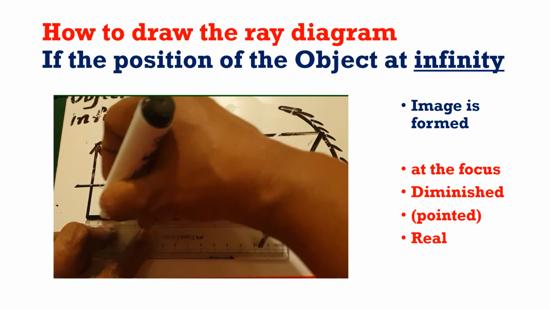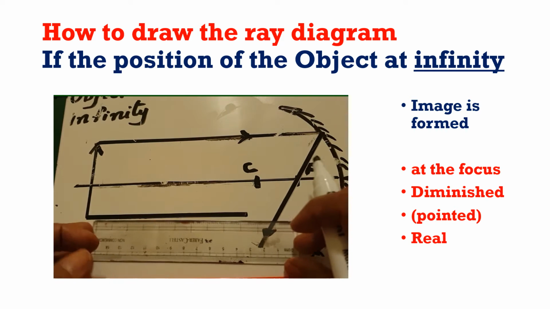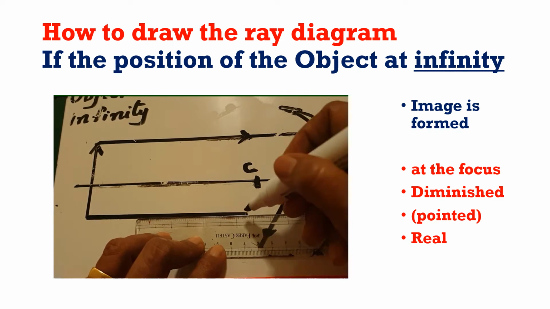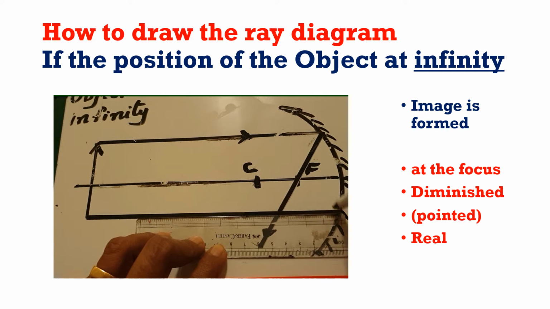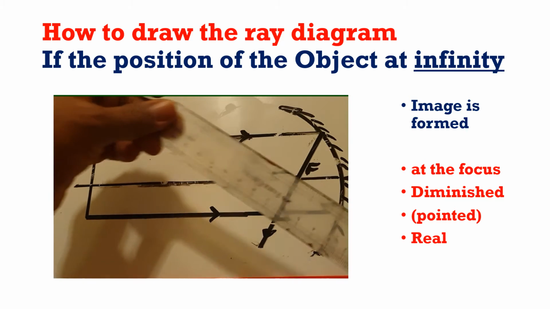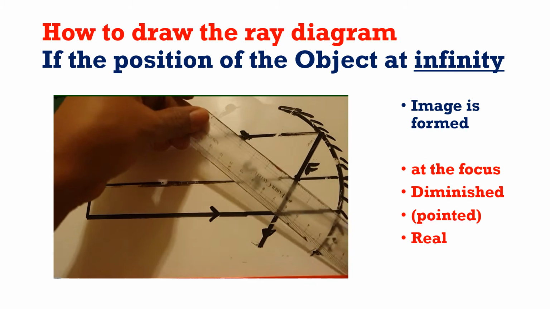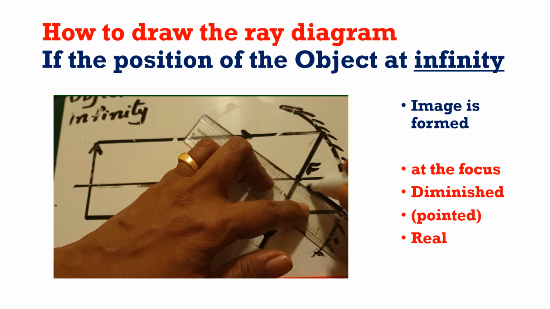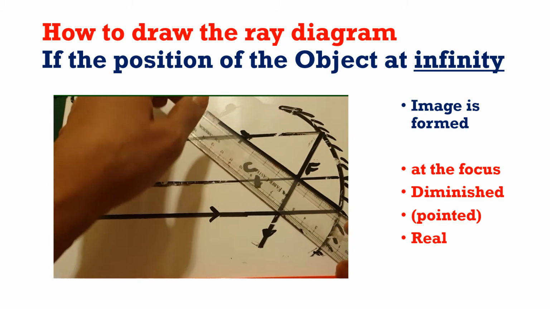That is also parallel to the principal axis because it is coming from infinity. That ray also, after reflection, passes through the principal focus, or focus. So it will go like this.